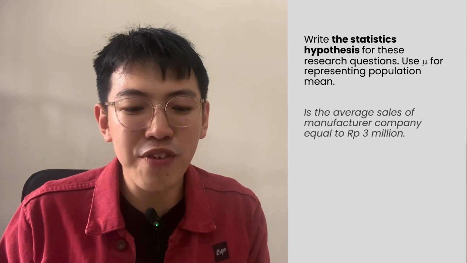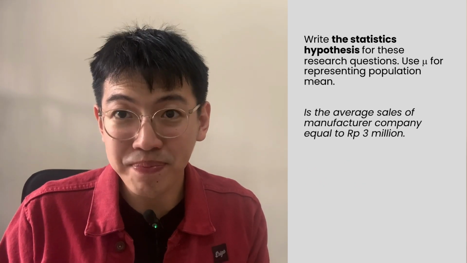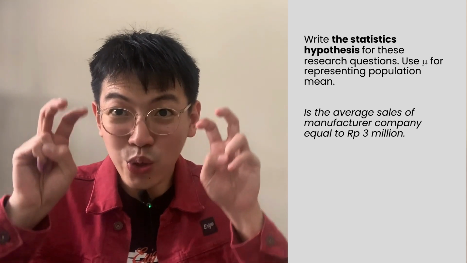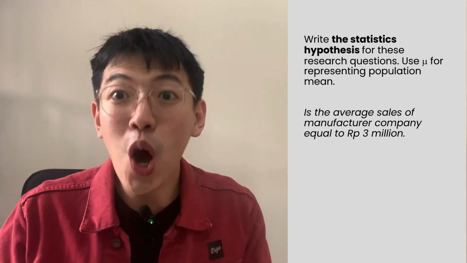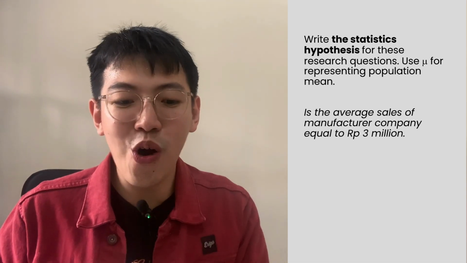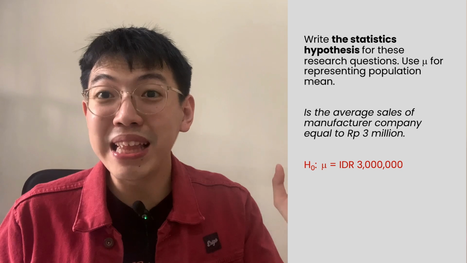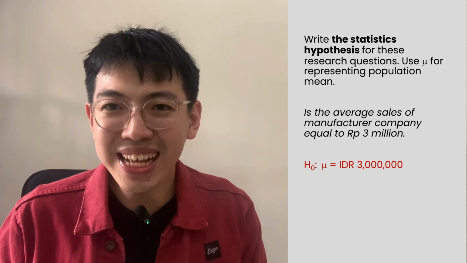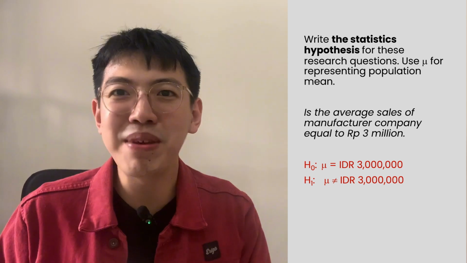Next question: is the average sales of manufacturer company equal to 3 million rupiah? The keyword here is equal. We should put equal in the H0. So the H0 will be mu equal to 3 million rupiah. The H1 will be mu is not equal to 3 million rupiah.